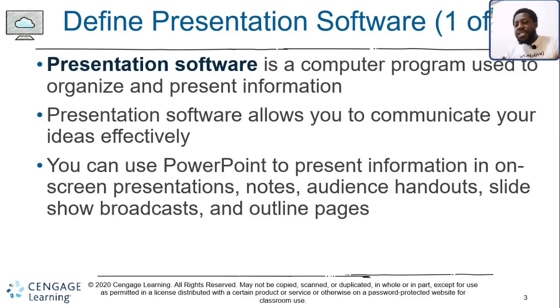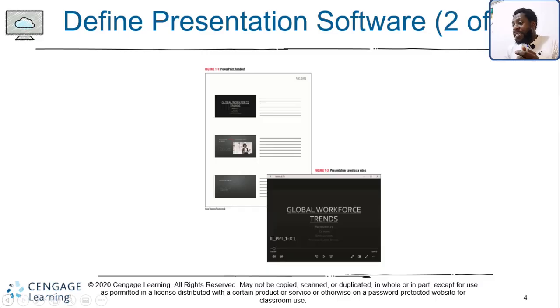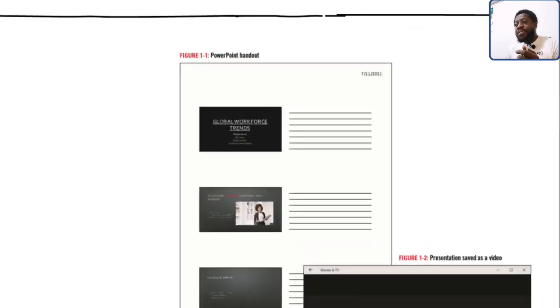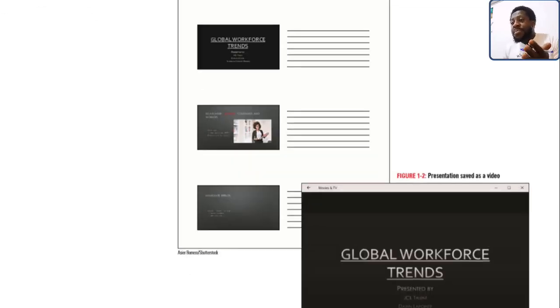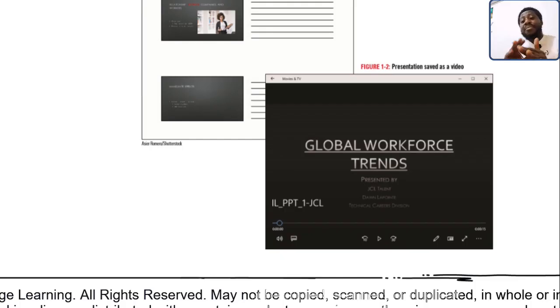It could be in the form of notes, on-screen presentations, audience handouts, slideshow broadcast, or even outline pages. They typically can be in the form of something like this, as you can see from this slide. If I zoom in closely, you notice that what you see above is a PowerPoint handout, and the one below is a PowerPoint presentation that has been saved in the form of a video. All of these things are options that are available to you.